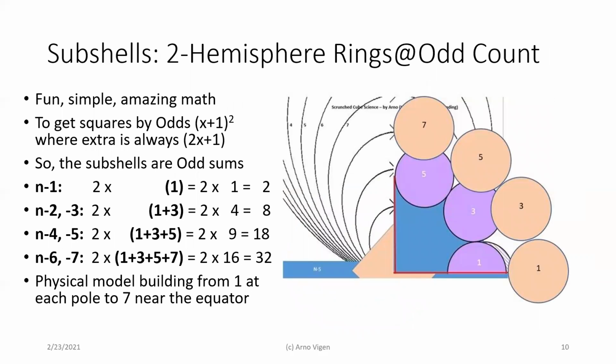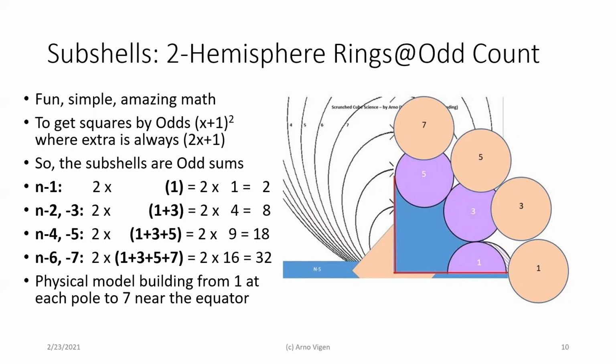Now, that's not just the end of this fun. It actually becomes that because of that interlapping, you get hemisphere rings of odd counts. It's amazing because to get the squares of units, x plus 1 squared, the extra is 2x plus 1. And it's a unit.